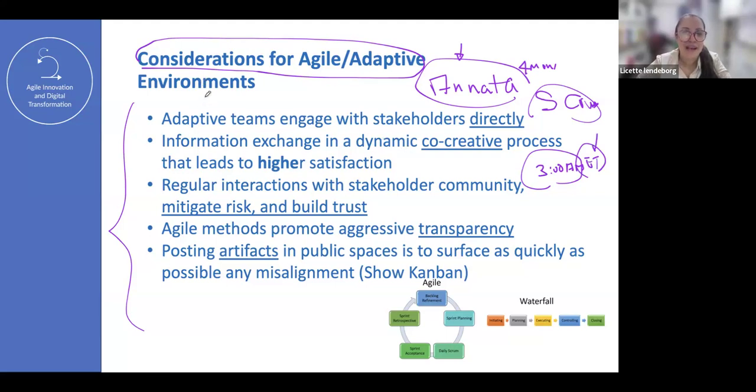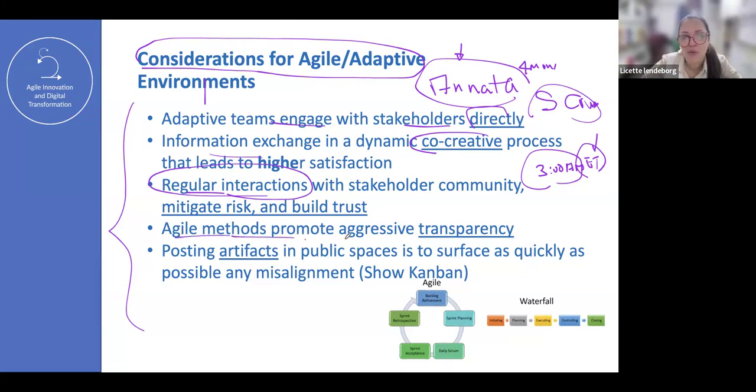So when you see agility for the stakeholders, it's all about how to communicate with them, how to create the environment for them to be on top of everything. Adaptive teams engage with stakeholders directly. Information exchange is dynamic. Regular interactions, a lot of meetings: daily Scrum, sprint planning, sprint retrospective, remember that.